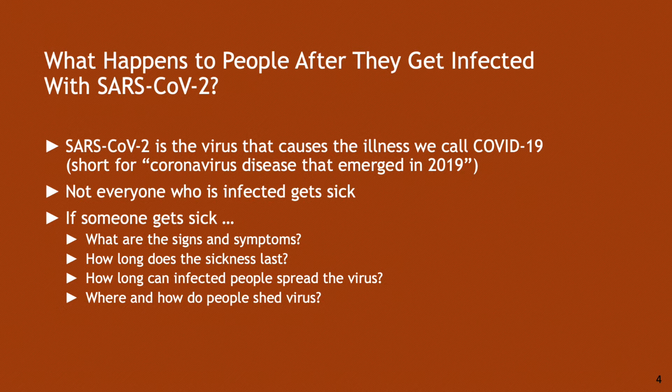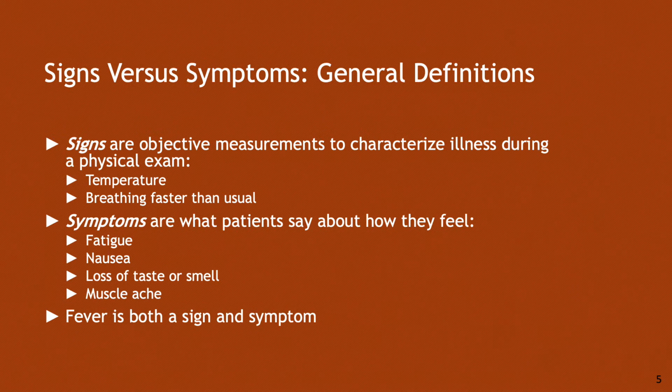How long does it last? How long can they be infectious? And how do people shed their virus? Well, one of the things that we do to see whether or not people have symptoms is take their temperature. That's something that many buildings have been doing to screen people. It's not enough, but that's one of the measures.